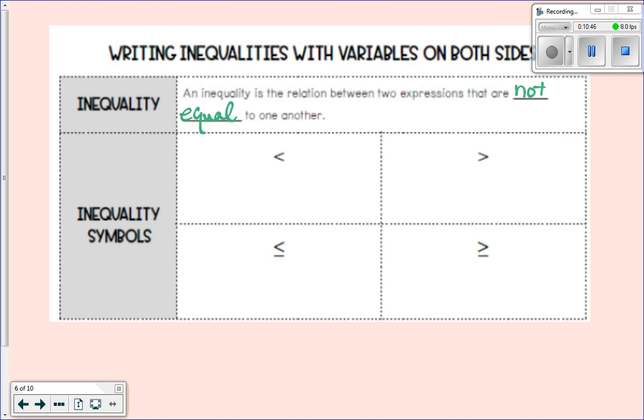There's one keyword, right? We've done that one for a few years. What are some other words that might tell us less than? Below, right? What else? Smaller than?